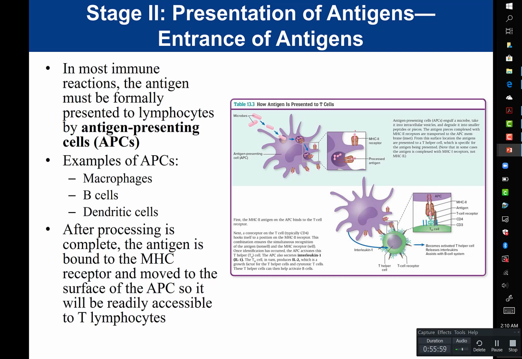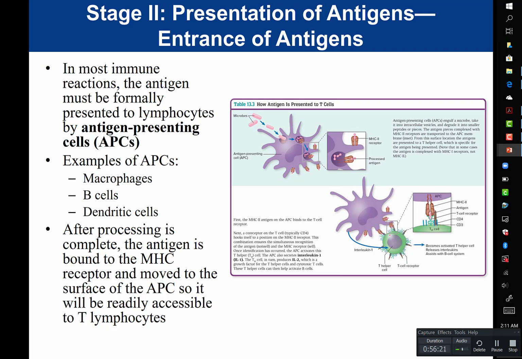Because again, my APCs are going to display on MHC2, which is what tells the immune system, this is the antigen you're looking for. Don't kill me, I'm just the messenger, but go find this antigen elsewhere. And so it's going to be put on MHC2.